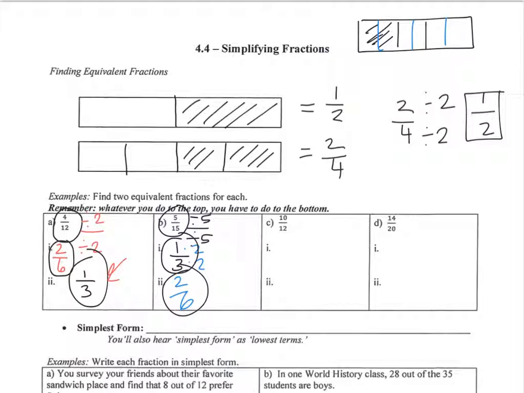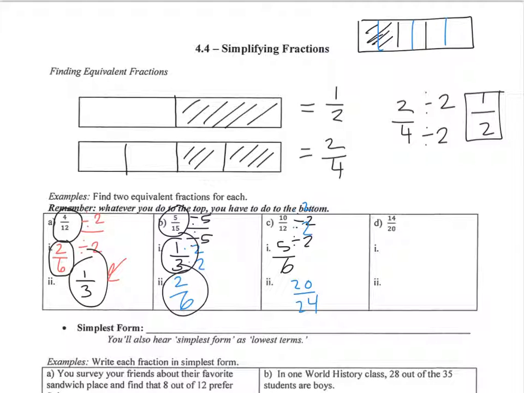Now let's try 10/12. I can divide the top by 2 and the bottom by 2, so I can get 5/6. I can't break down 5/6 anymore. I can also multiply 10/12 by 2 and 2 to get 20 out of 24. As long as you're multiplying or dividing the top and the bottom by the exact same number, you're going to get equivalent fractions.